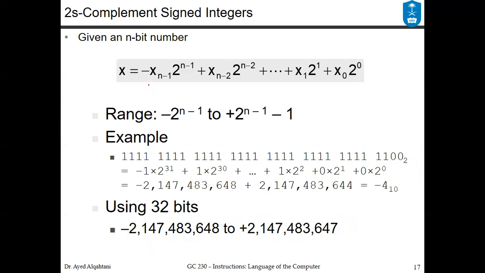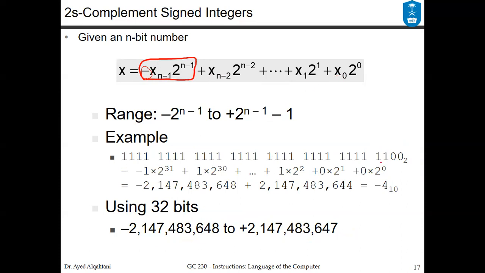Now, if you have a number, how to represent it? You represent it this way. The first bit, and only the first bit, which is the most significant bit, has a negative value. And the rest has positive value.